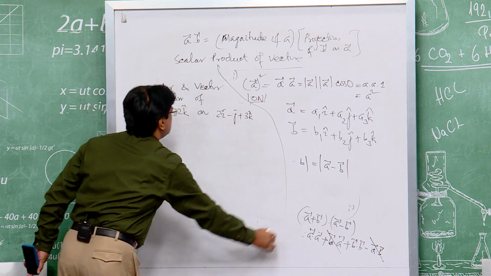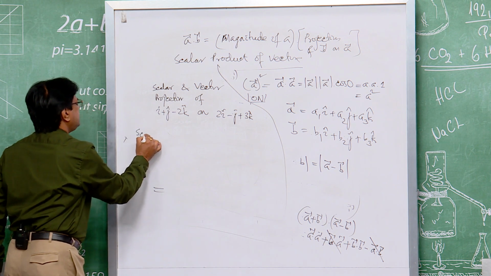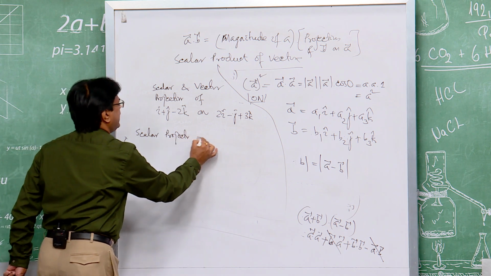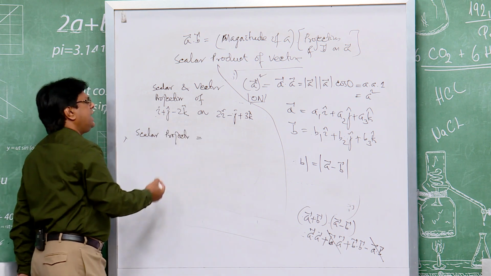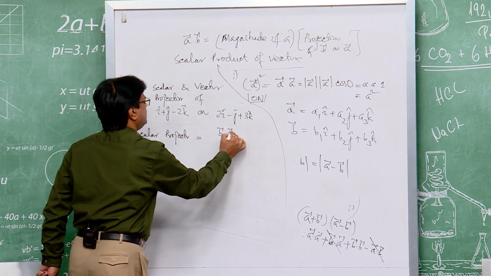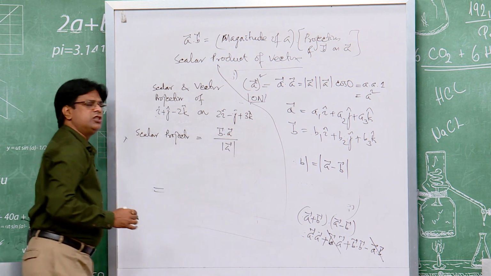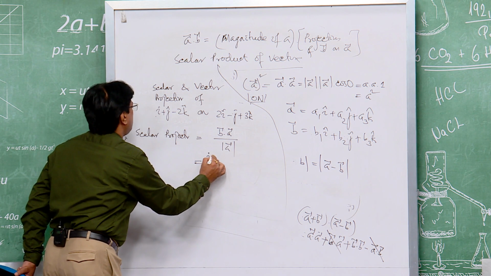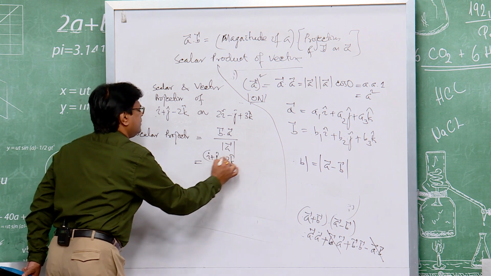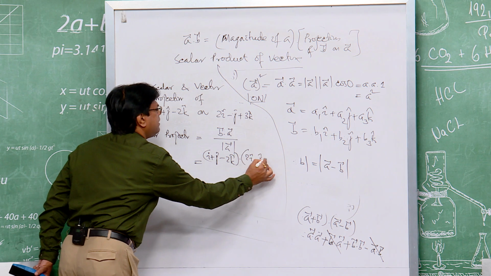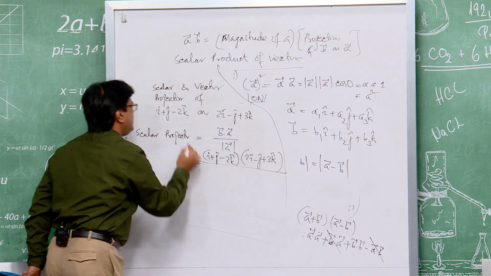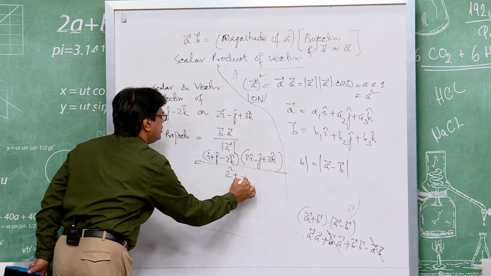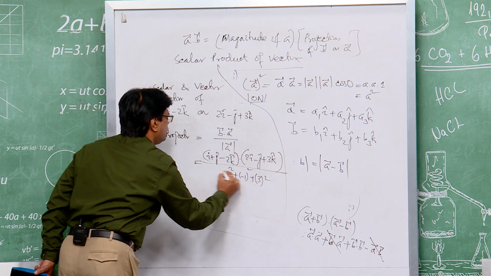The scalar projection of B on A is B dot A by A magnitude, that is (i plus j minus 2k) dot (2i minus j plus 3k) divided by the root over 2 square plus minus 1 square plus 3 square.